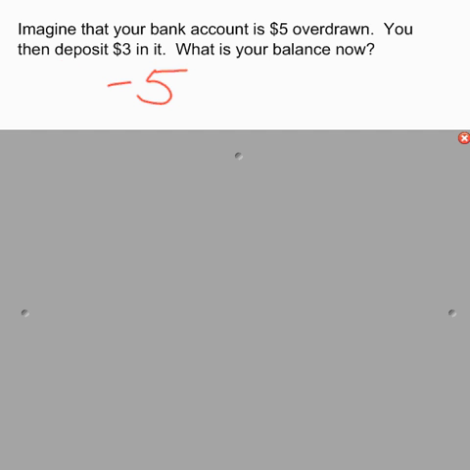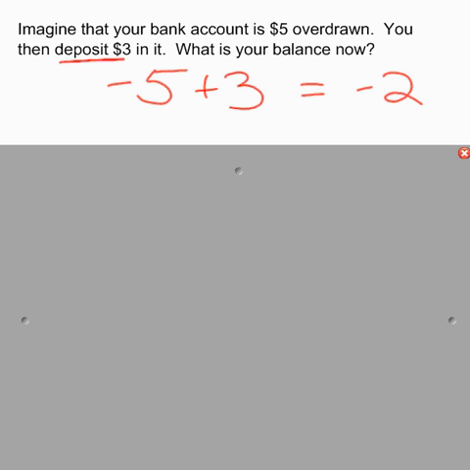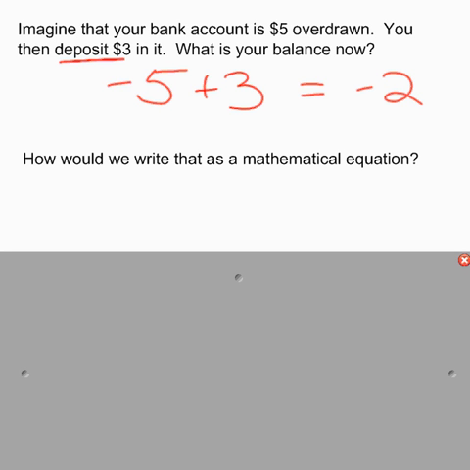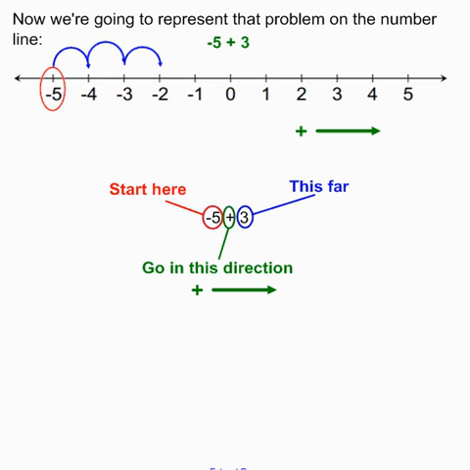Then I deposit $3, that means I'm going to put $3 in it. If I start out $5 overdrawn and put $3 in, I'm going to end up only $2 overdrawn. That's the mathematical equation we would write: -5 plus 3 should be equal to -2.